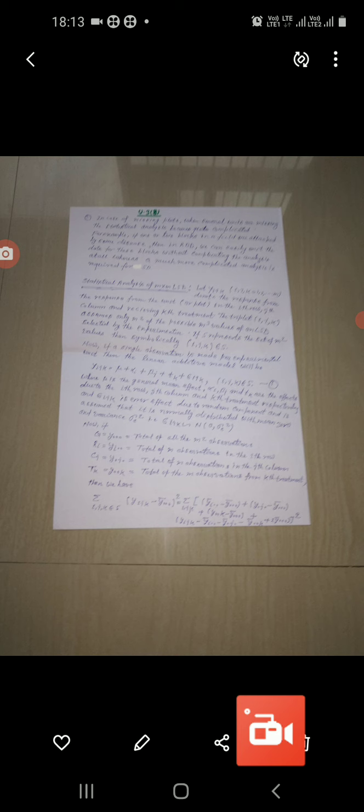That means epsilon ijk follows normal with mean 0 and variance sigma e square.